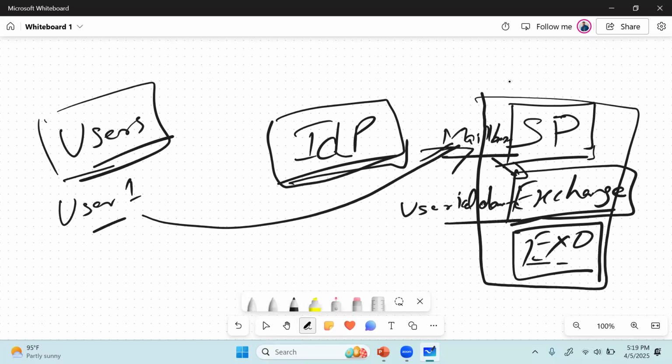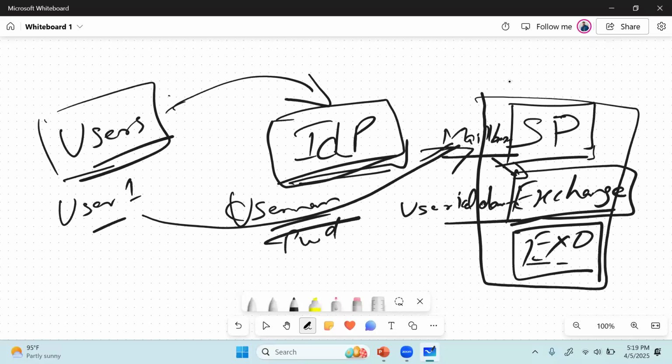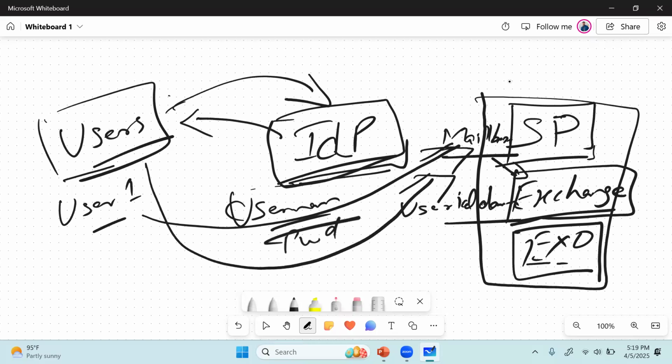Why? Because he would have to go through a process known as authentication, and authentication is provided by the system known as the identity provider. This IDP would authenticate him, it will check his credentials, his username and password, and once it authenticates him, it will provide him a token. This user will provide this token to the service provider.